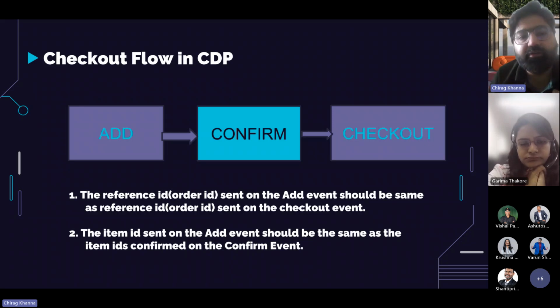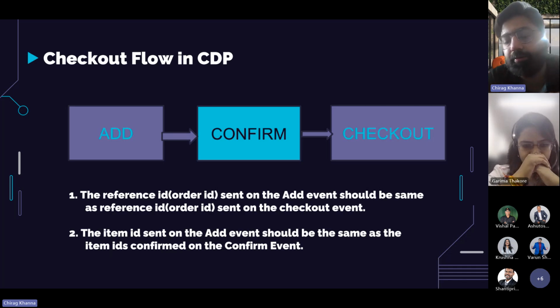So suppose you have three items in your order page, and they want to add those items to the cart. We need to send particular events for those whenever the user clicks add item for any particular item. So we need to send an add event at that time, and then we need to send the confirm event, and lastly the checkout event.